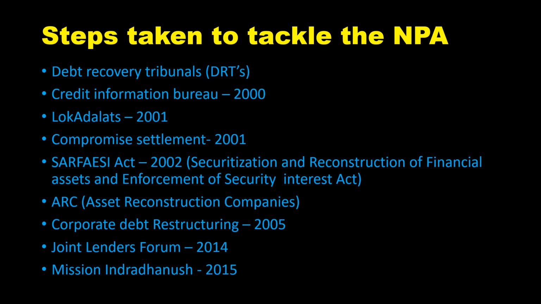Earlier, when there were cases related to non-performing assets, all the cases used to be solved in civil courts, and we all know that it takes a long time to solve cases in civil courts. So just to cut short the time, to solve the cases as quickly as possible, they formed these debt recovery tribunals.